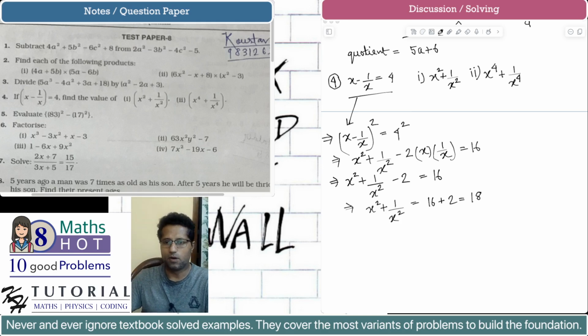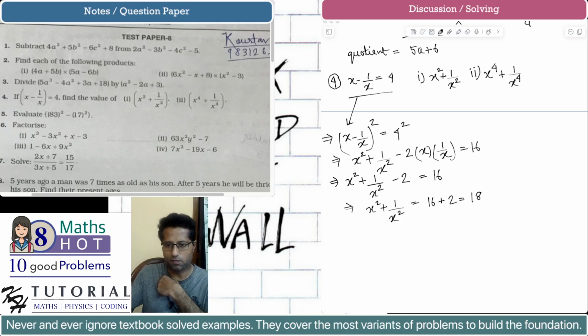Okay, so we got this value. Now we have to find x to the power 4 plus 1 by x to the power 4. Now how can we get x to the power 4? X to the power 4 we can get by squaring x square.